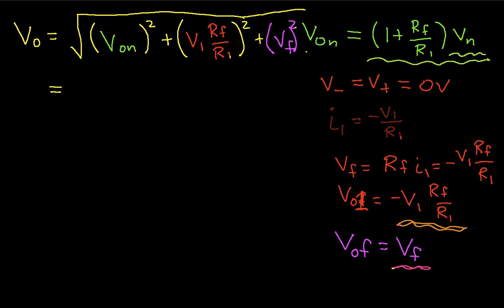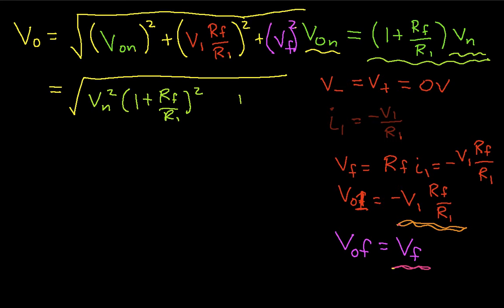So VON, this guy, is the square root of Vn squared times (1 plus RF over R1) squared, plus V1 squared times (RF over R1) squared, plus VF squared.